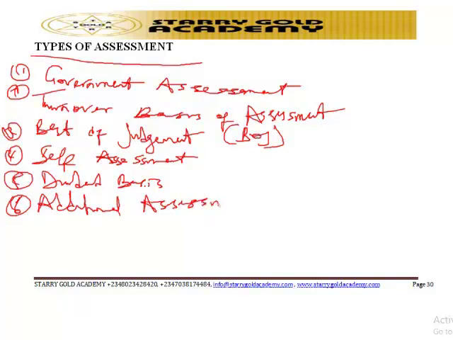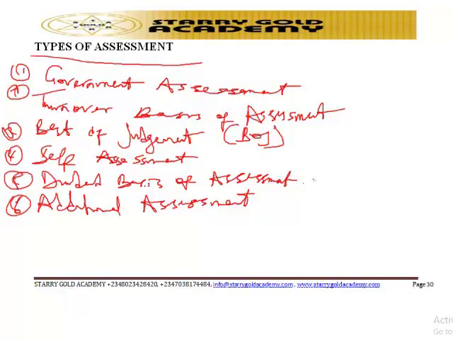I have dividend basis of assessment. Okay, so now let's take them one after the other.